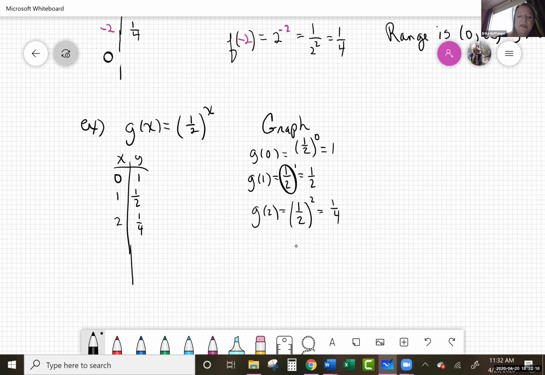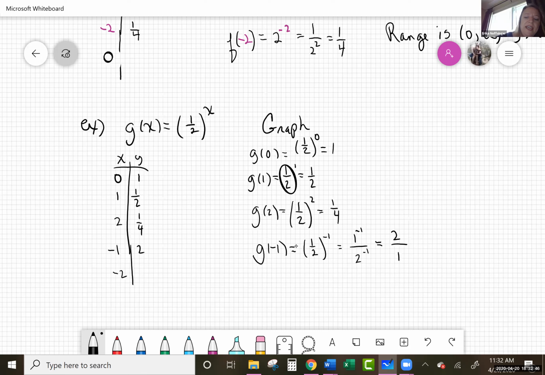So let's see what's happening when we plug in negative numbers. If I plug in -1, g of -1, this is 1/2 raised to the -1. We can say this is the same thing as the numerator raised to the -1 over the denominator raised to the -1. Change positions to change the sign of the exponent, and so that would give us back 2.